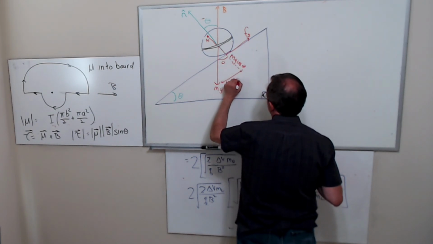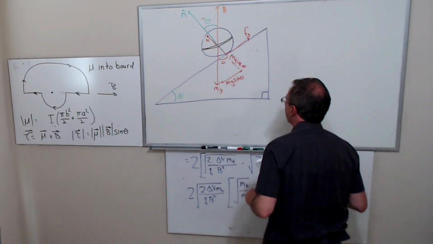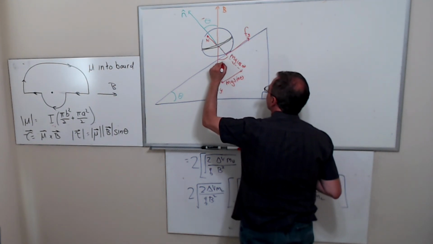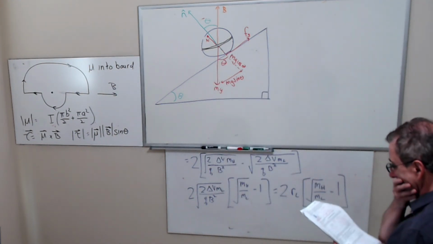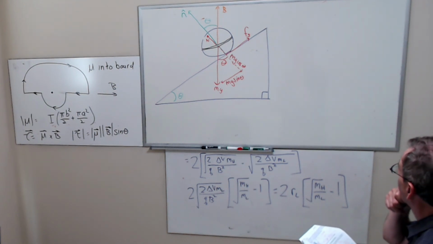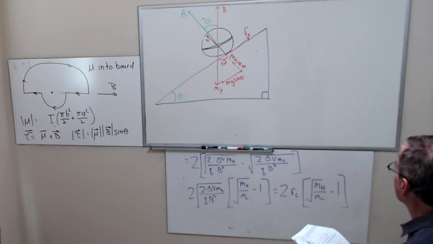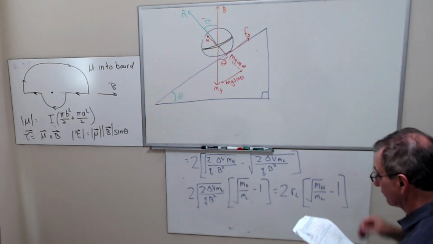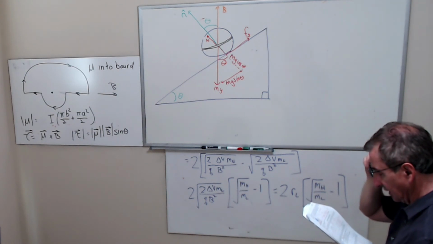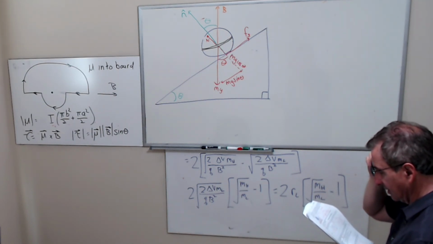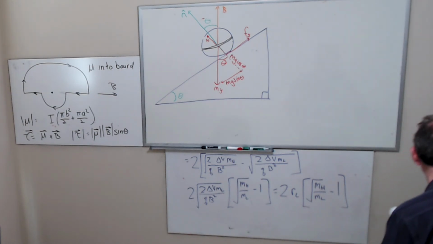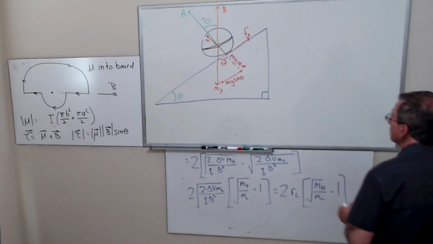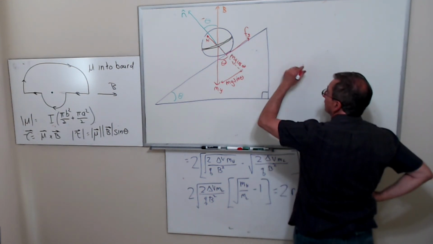This is mg sine of theta. That's a theta. All right. But do we know the force due to friction? It doesn't say. But if it doesn't roll, we sum the forces in the y direction, in the x direction.